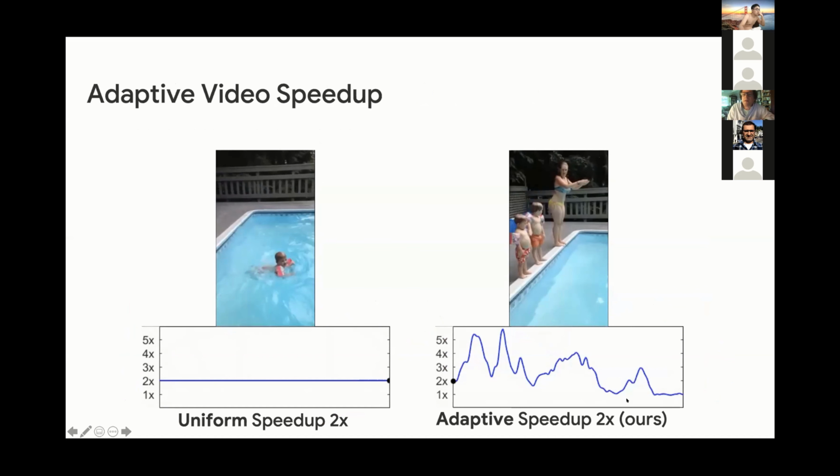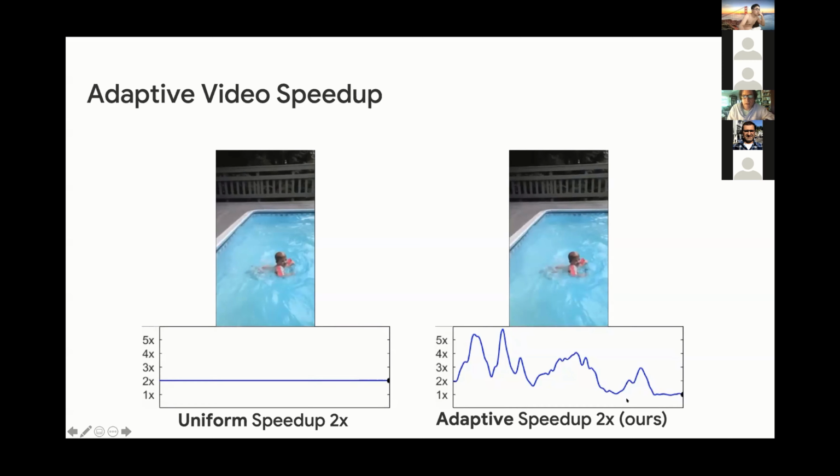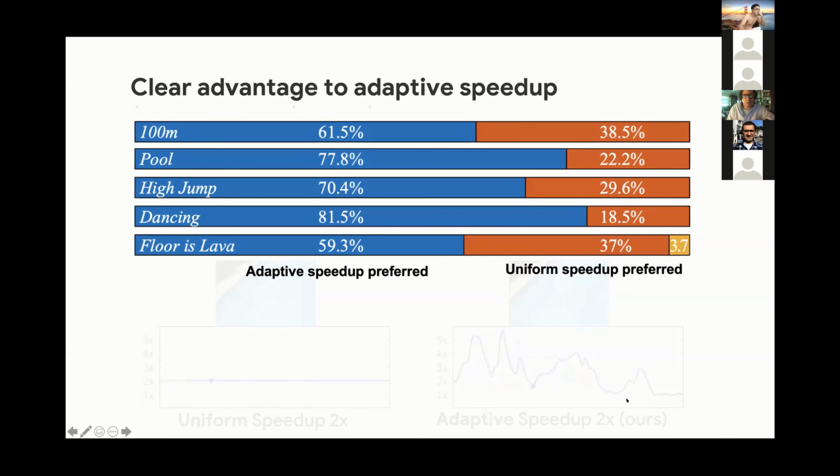It's not perfect, but our user studies show that people like it much better than the other one. And generally, for the examples we tested, it was really a 2-to-1 advantage. Twice as many people preferred the adaptive speed up as preferred the uniform speed up.